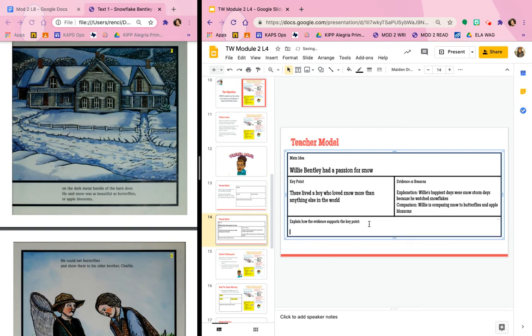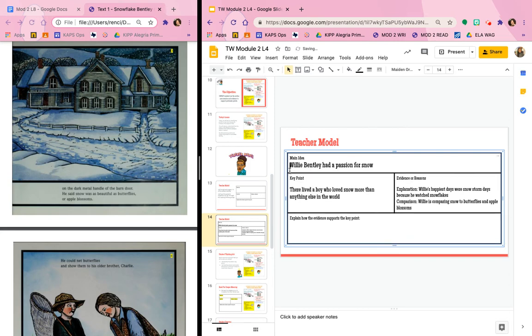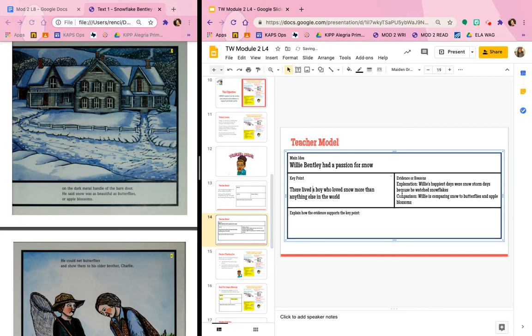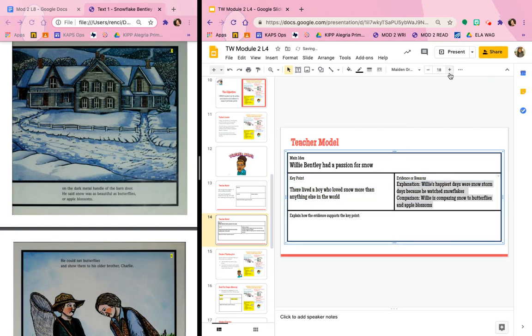So there's my two reasons to support my main idea that Willie had a passion for snow. I'm going to bring this up a little bit because I know I'm going to run out of room when I write that next line. There we go.